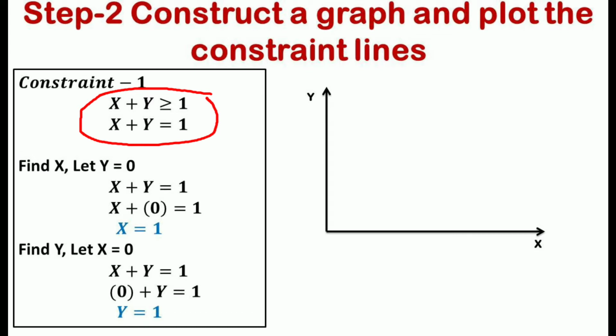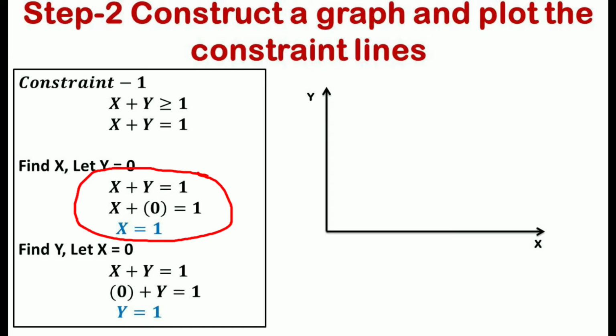By replacing the inequality sign with an equality sign, this constraint becomes x plus y equals 1. To find the values of x and y, let us assume y is equal to 0, then x plus 0 equals 1, that means x is equal to 1.